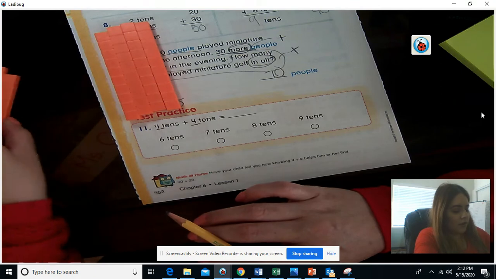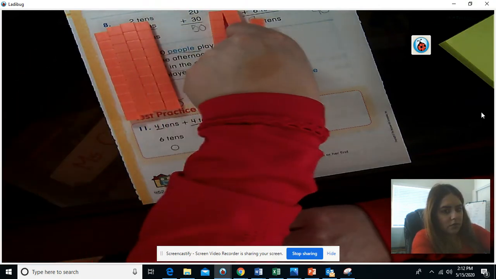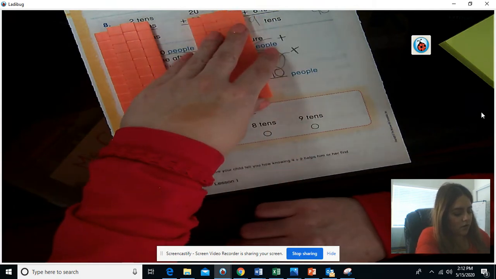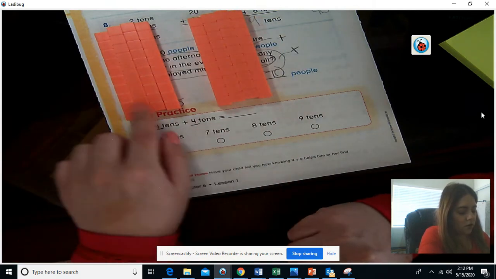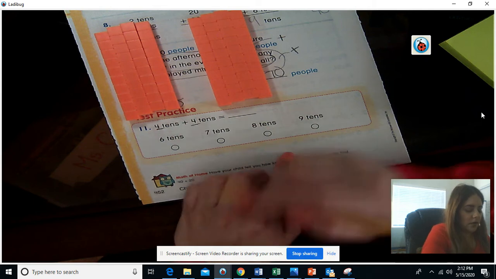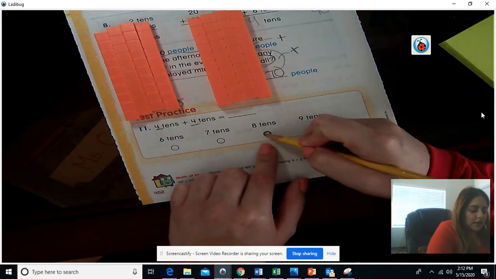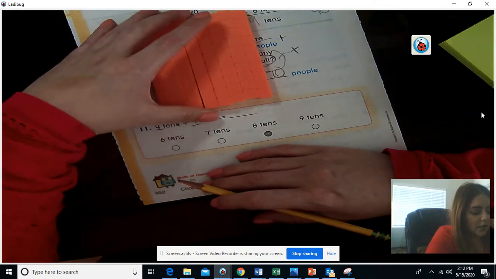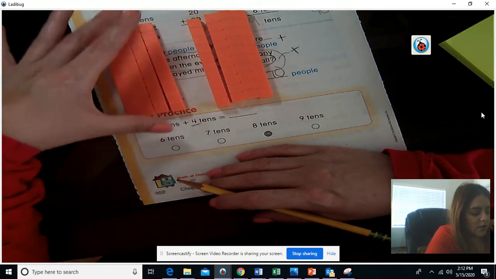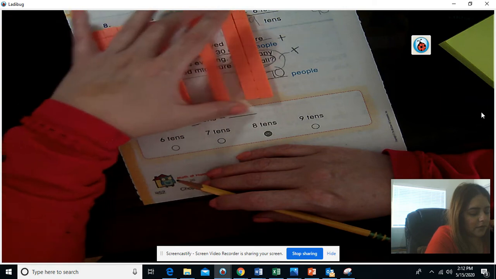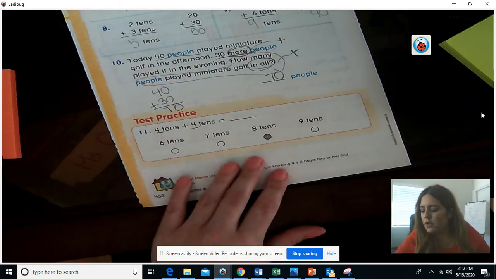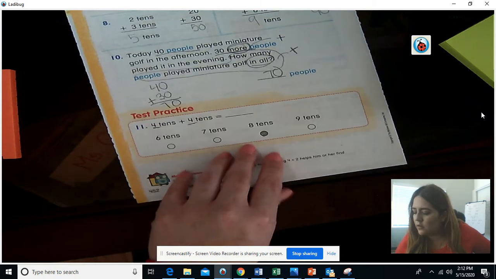And 4 tens. 1, 2, 3, 4. 4 plus 4 equals 8 tens. Let's make sure. So we have 4, 5, 6, 7, 8. Good. We have 8 tens.